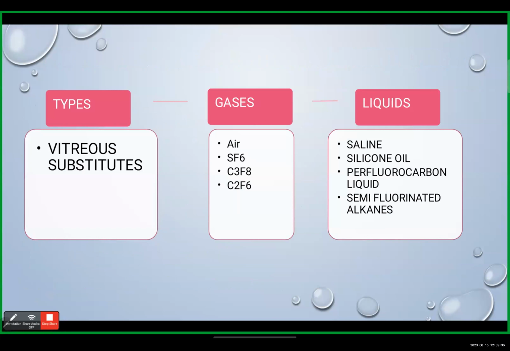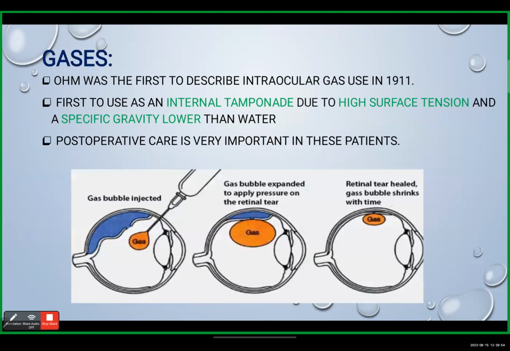In gases, we have air, sulfur hexafluoride, perfluoropropane, and in liquids, we have saline, silicone oil, perfluorocarbon liquid, which we also call PFCL, and semi-fluorinated alkanes.